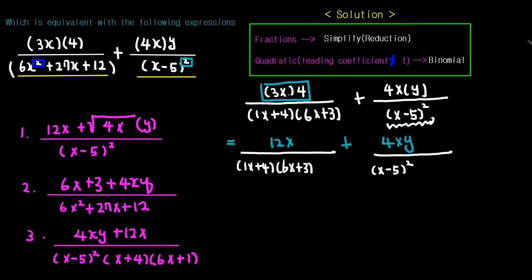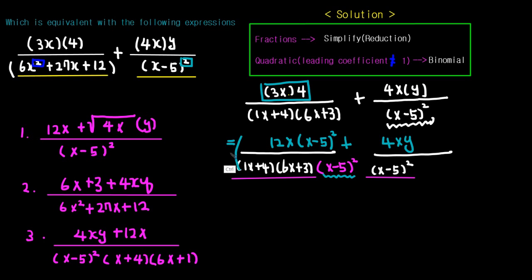But if you look at our denominators, there is no common one. That means we can just multiply every single term together, which is going to be x minus 5 squared. So times x minus 5 squared. But since we multiplied x minus 5 squared in the denominator, we also need to multiply x minus 5 squared in the numerator, so we can keep an equal fraction.